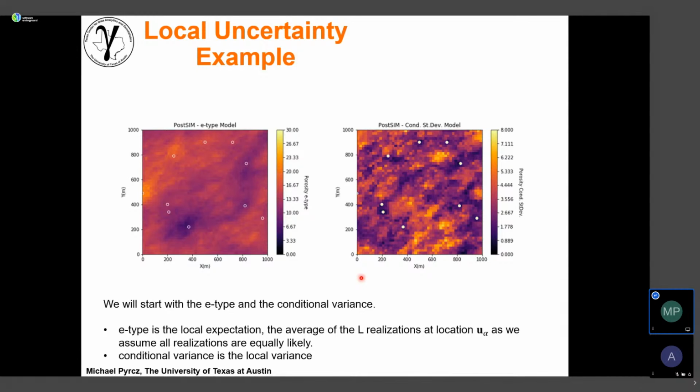I've also seen in the mining industry, people will use these types of maps to assess proven, probable, and possible assignments for resources in place, or reserves. And that's been done where you basically say, where we have a low uncertainty, and we have an expectation that's high, we have a low risk of having a bad resource. We can go ahead and assign that as being a resource that we've proven up to some degree. That's a geostatistical approach for a resource.